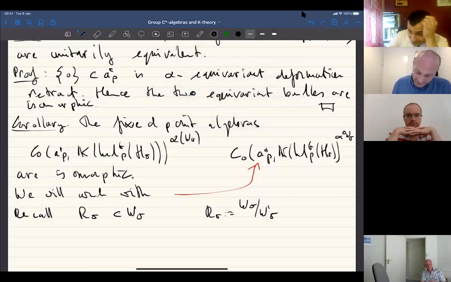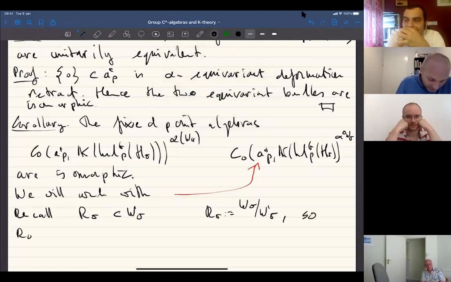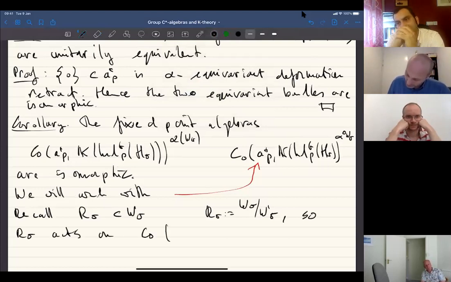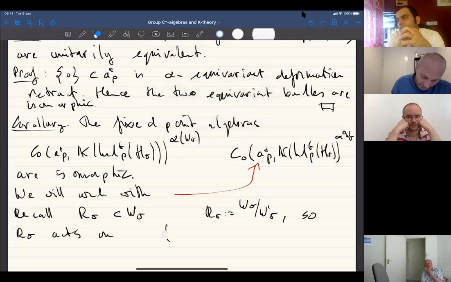And since it's a subgroup, this also acts on our field of Hilbert spaces, or well, let's just say on the representation space.